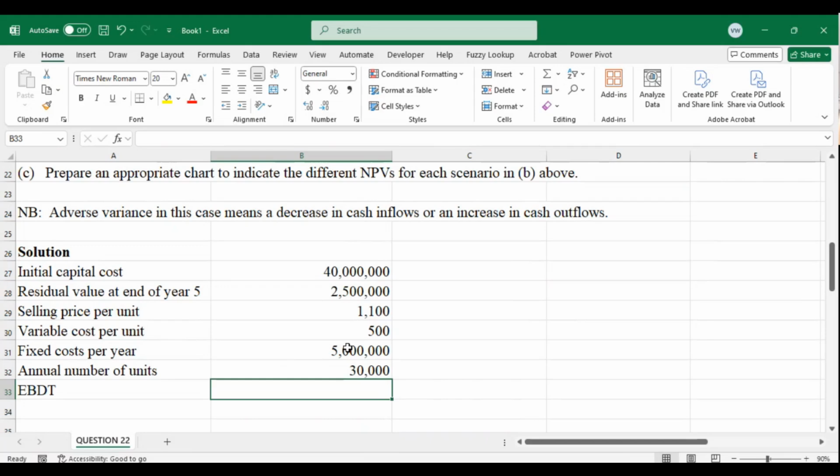So as a matter of caution, it is not wrong for you to present all variables or all items in individual cells so that it makes it very easy for us to do our workings, especially when talking about sensitivity analysis and scenario analysis.